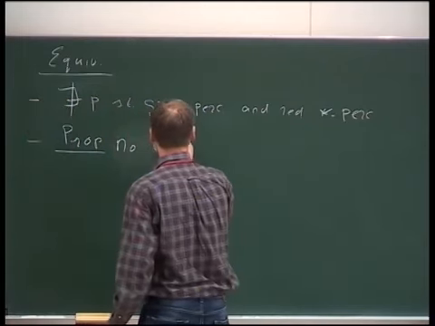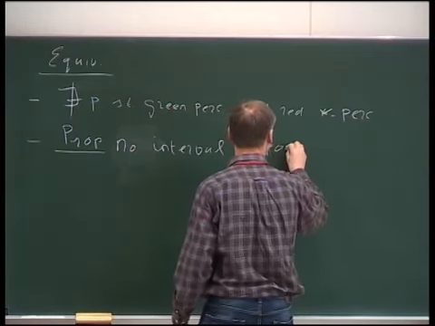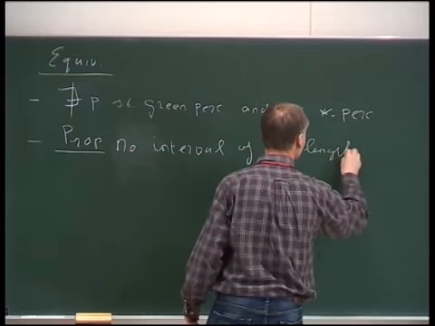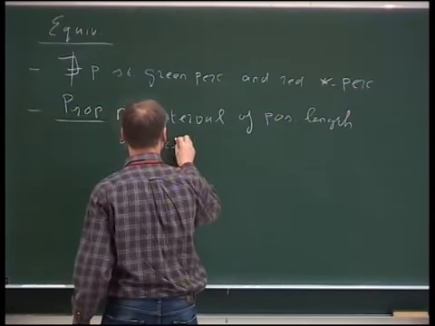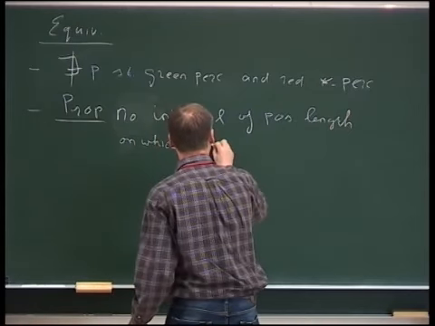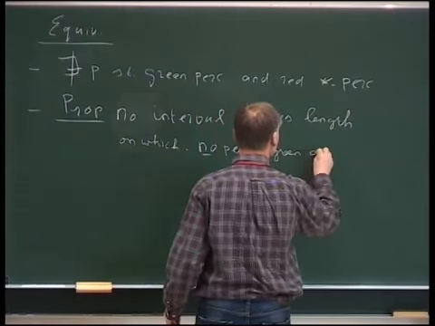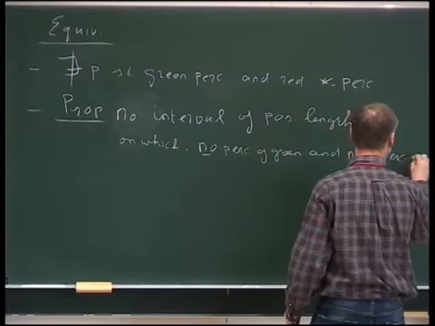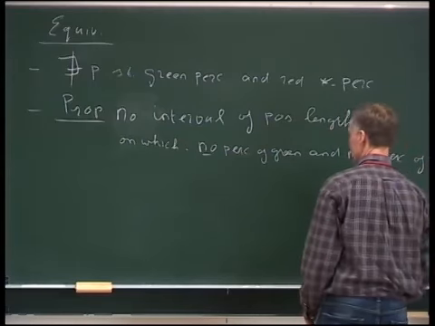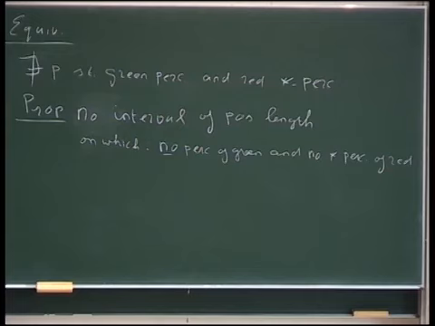There's no interval of positive length on which we have no percolation of green and no star percolation of red. So there's no interval of positive length on which neither of the two forms of percolation occurs.